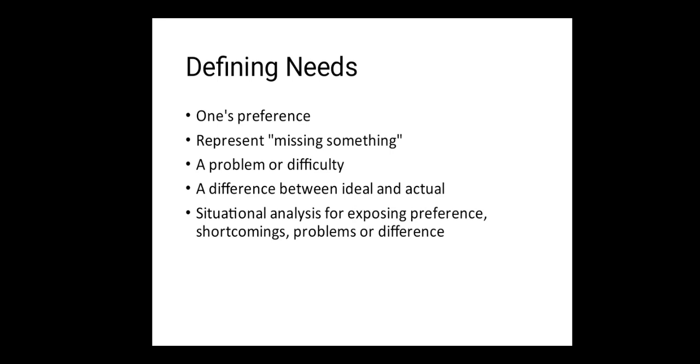Everybody has to reach up to that ideal or optimum condition, which naturally will be different from reality, the real or actual condition. So the difference between these two, the ideal and actual, also can be defined as needs.